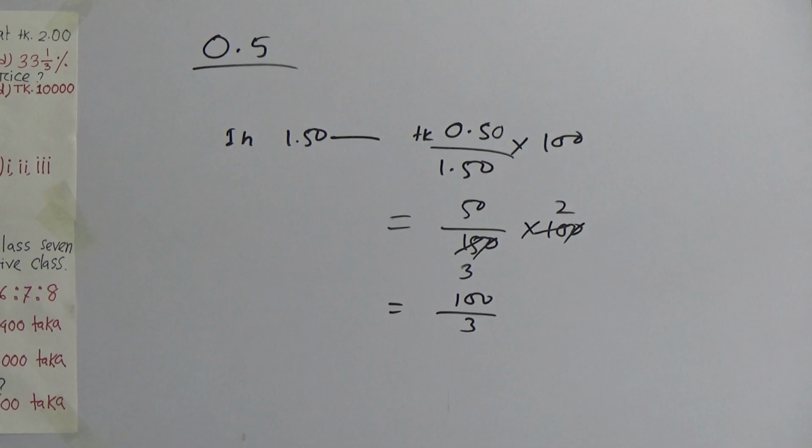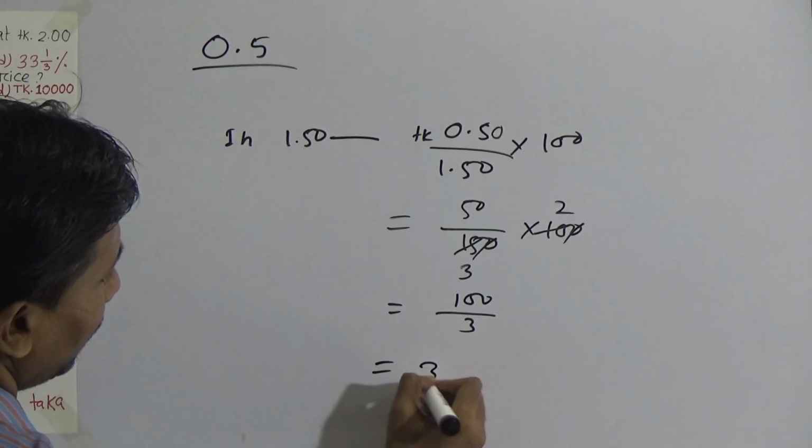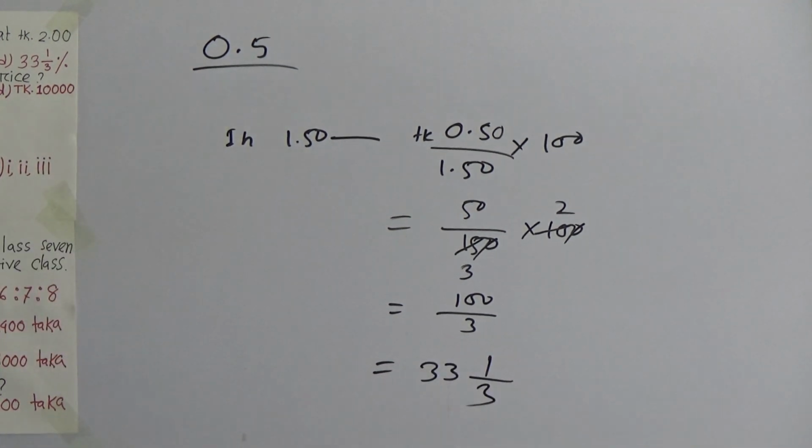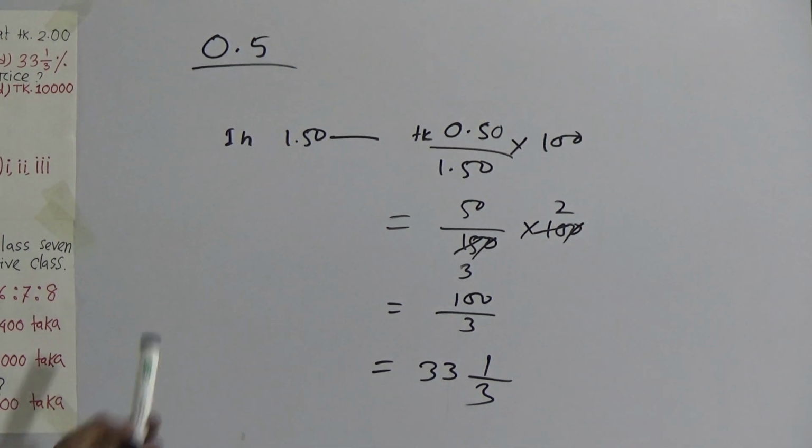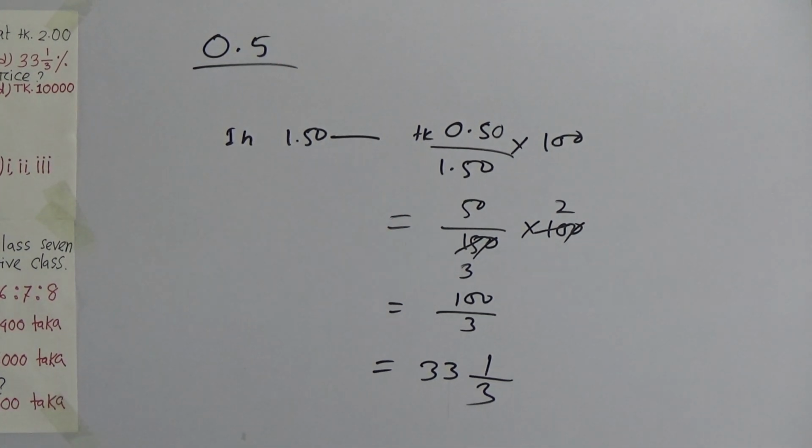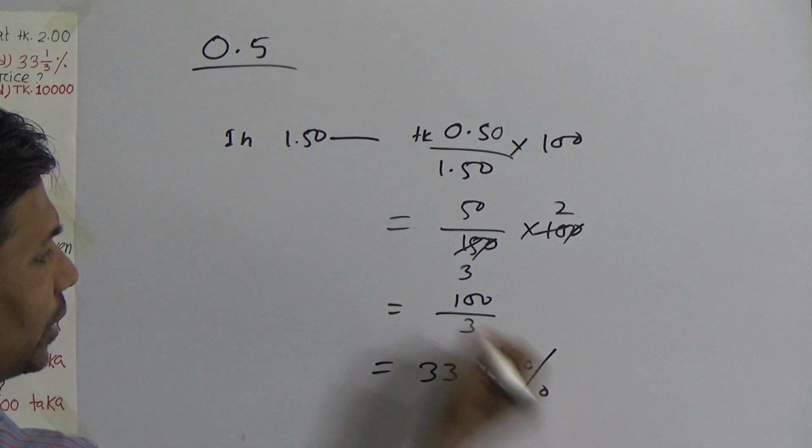Okay, 100 by 3, this is equal to what? 33 1 by 3. As you calculated this in a percentage form, you have to write in percentage form.